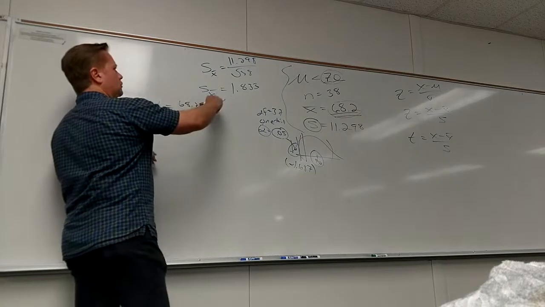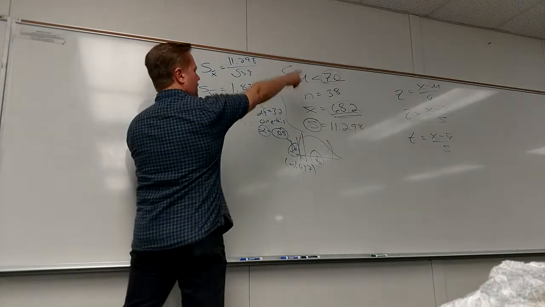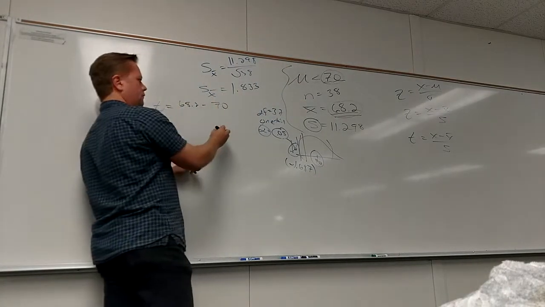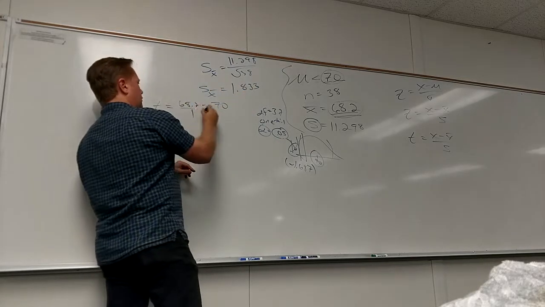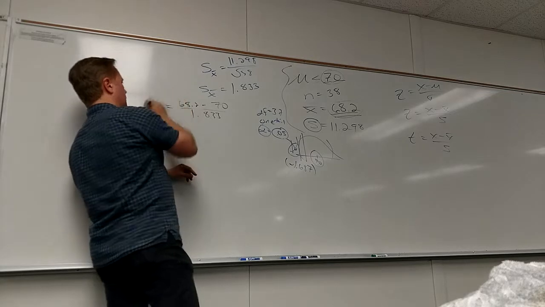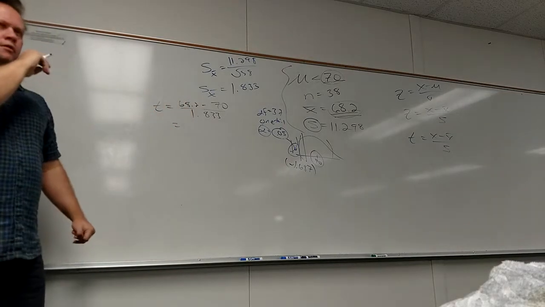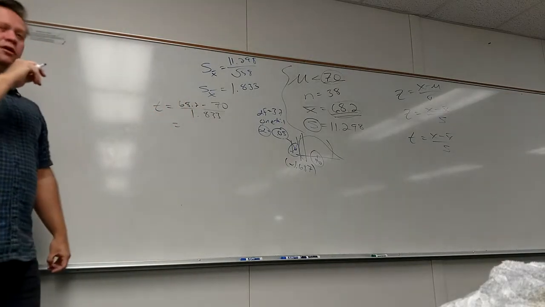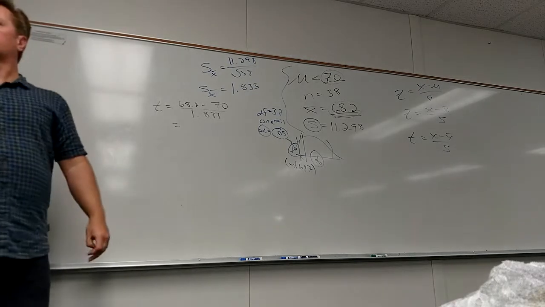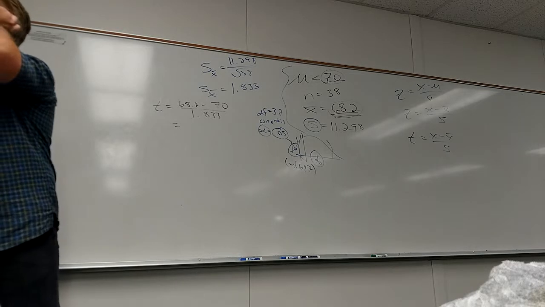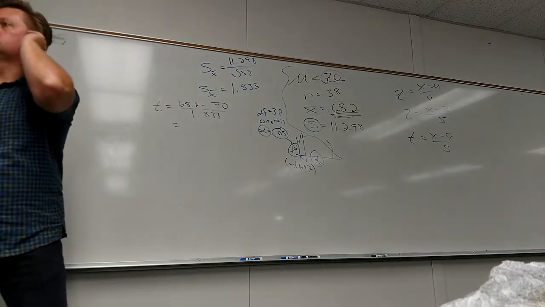So what do we get for this t-score? Our data minus what we're accepting to be the middle, divided by the 1.833. So it looks like we get about -1 almost. -0.9 something. 0.98.